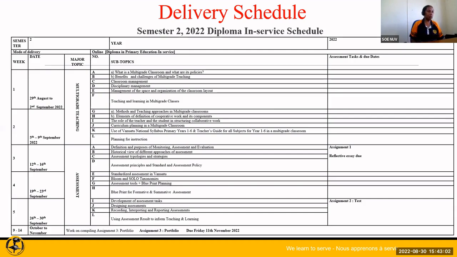Your assignment number 2 is a test or exam, which is at the end of September. And the third one, the assessment portfolio, is due by the end of the semester.